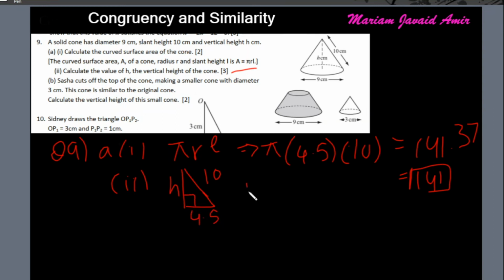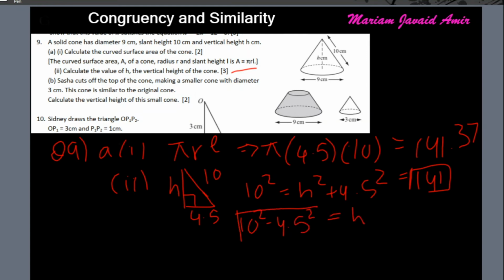Applying Pythagoras theorem, 10 squared equals h squared plus 4.5 squared, making h the subject: h equals under root of 10 squared minus 4.5 squared, which gives me 8.93 as the rounded off answer for height.